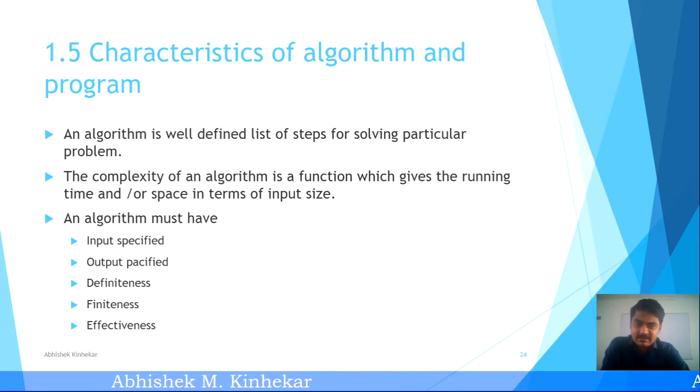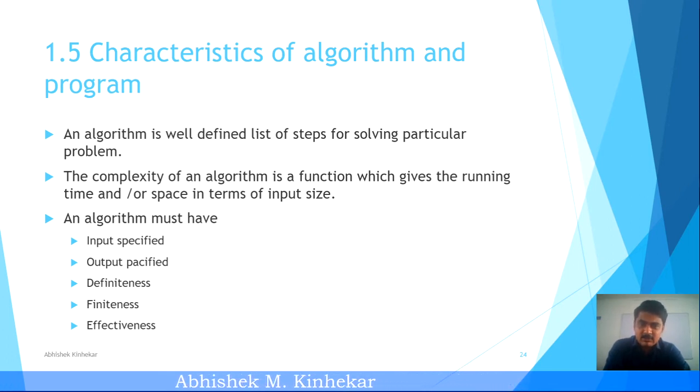The next major characteristic is finiteness. Finiteness is called a major characteristic because your algorithm, whatever problem you are solving, should be finite. That means it should terminate somewhere. It should not be the case that you are searching for something indefinitely, where the loop goes on and on and on.